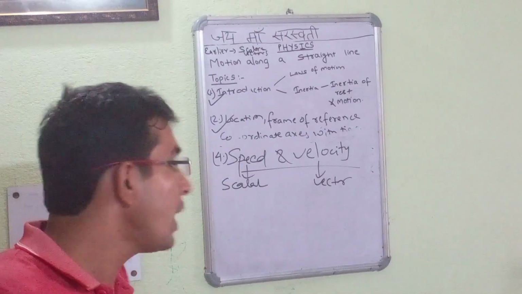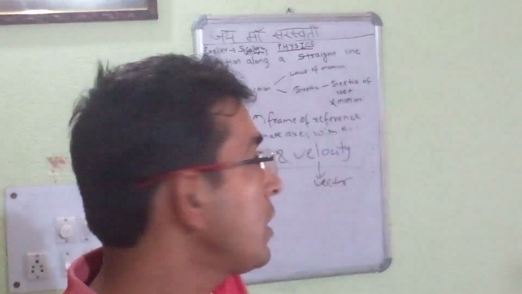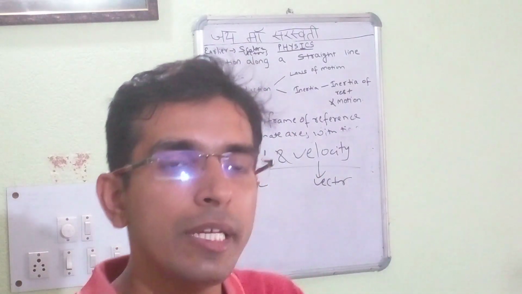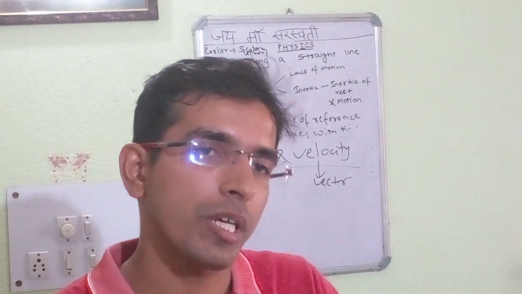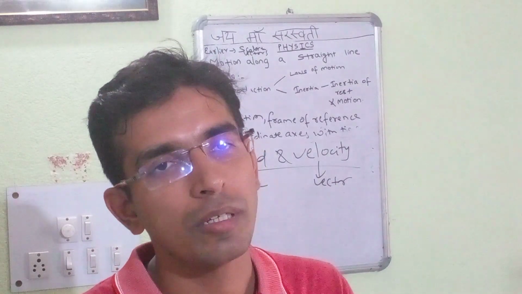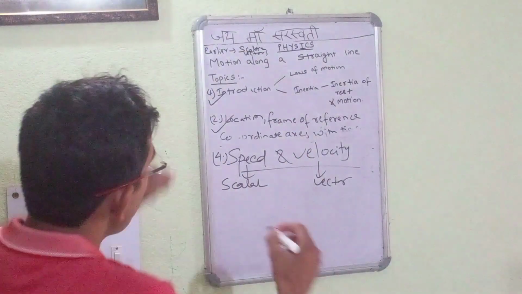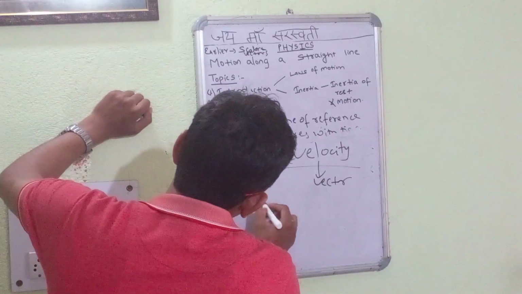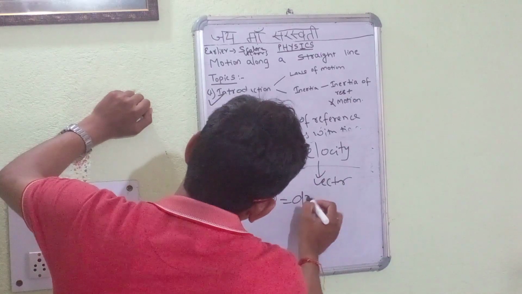Understood? So we have defined the speed and velocity. Speed is the rate of change of position of a particular object with respect to the time. Suppose a particle covers a distance x with respect to the time t. In that case, we can say its speed is equal to dx by dt.